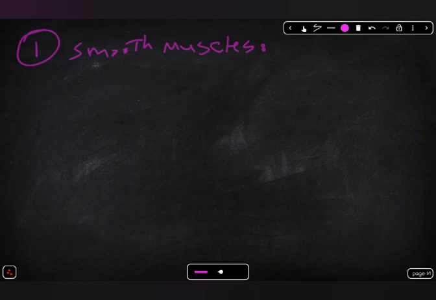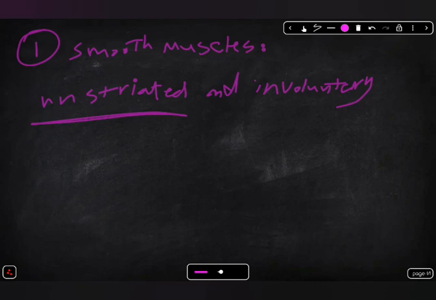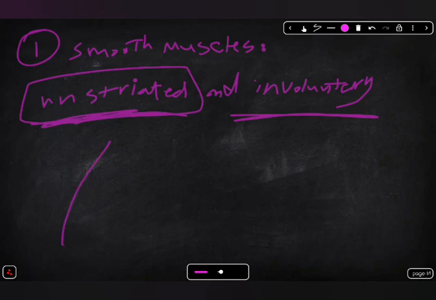The smooth muscles, they are unstriated muscles and involuntary. Unstriated, there is no lines inside it.